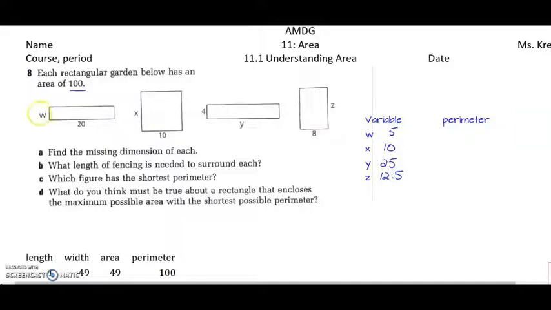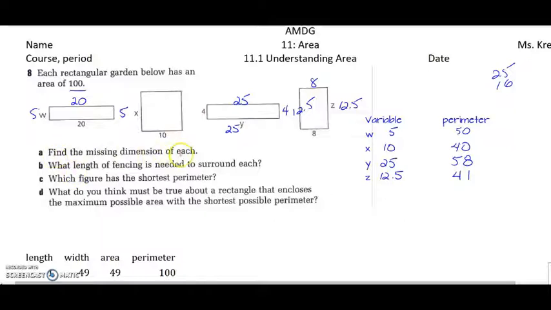The perimeter then would be 50, 40, 25. 25 is 50, plus 4 and 4 is 58. And if this is 8, that's 8. 12.5. 12.5 is 25 plus 16 is 41.